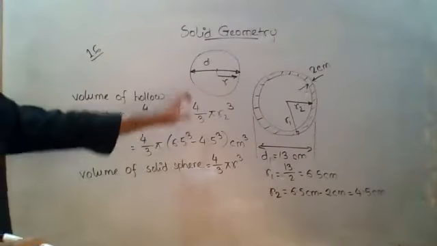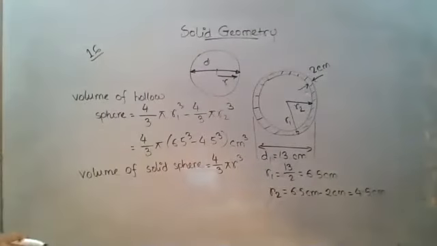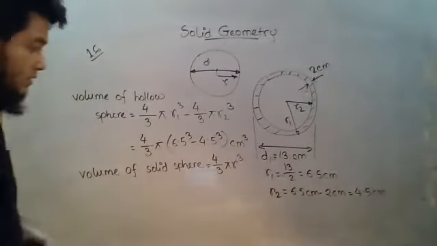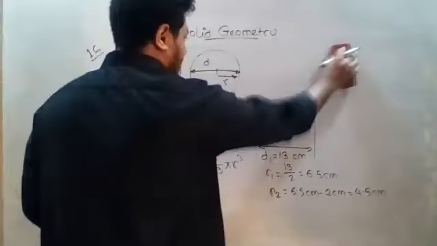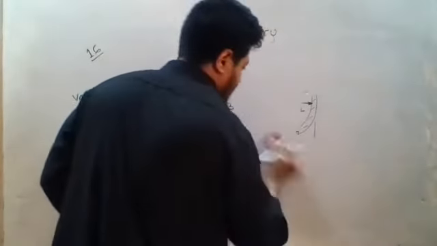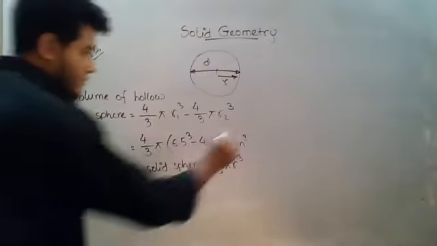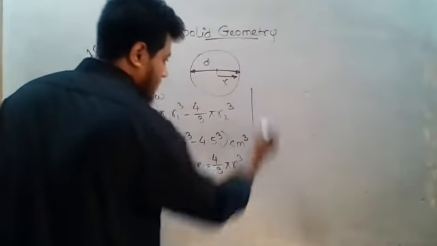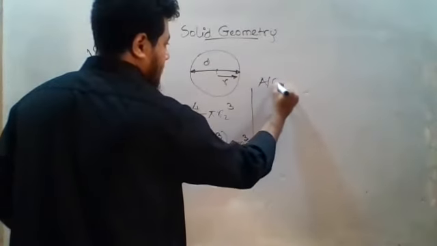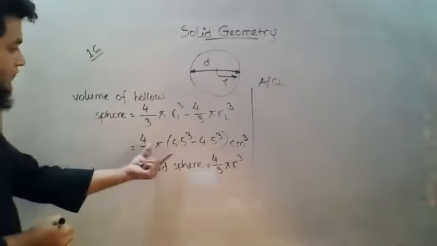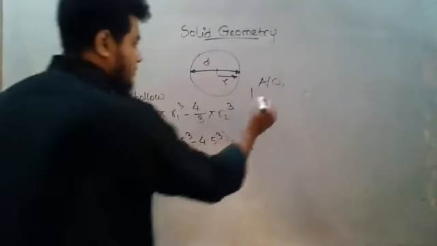Volume of a solid sphere: if the radius is r, then it will be 4 by 3 pi r cube. Now, according to the question, what can we write? That this volume should be equal to this volume.